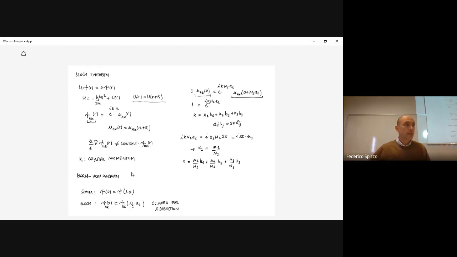And this ordered structure has the same symmetry of the reciprocal lattice, because here we have just a combination of the vectors of the reciprocal lattice. So also in this case, all the possible wave vectors are not, let's say, continuous values in the reciprocal space, but are discrete values that form an ordered structure in that space.